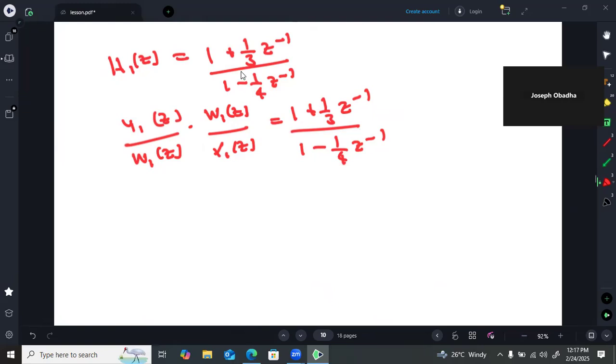Then as usual, we equate one to this term and the other one to this term.